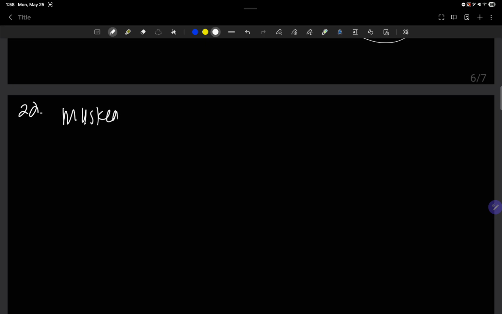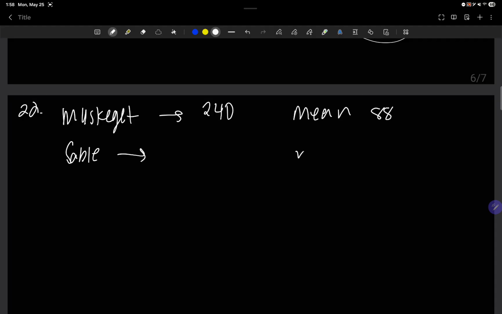That's from Muskeget Island. So there were 240 from that one, and the mean was 88. And then there were 120 from the other one. The mean was 94. What was the mean length of all 360?